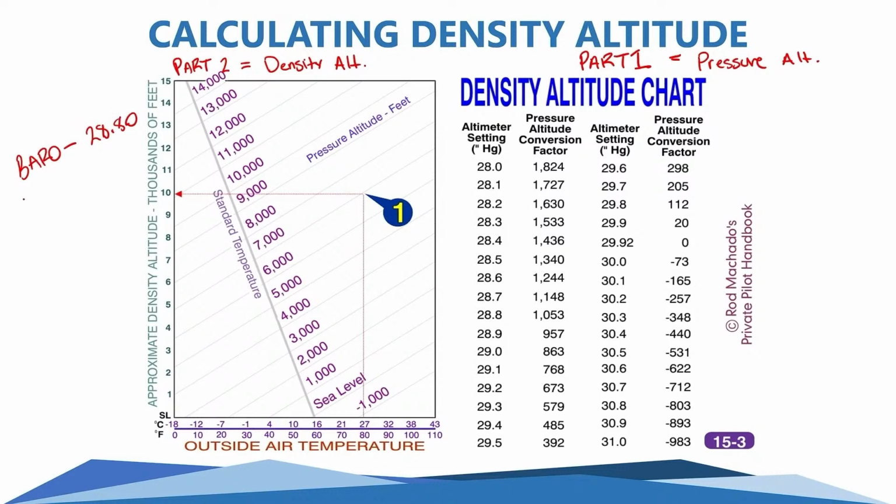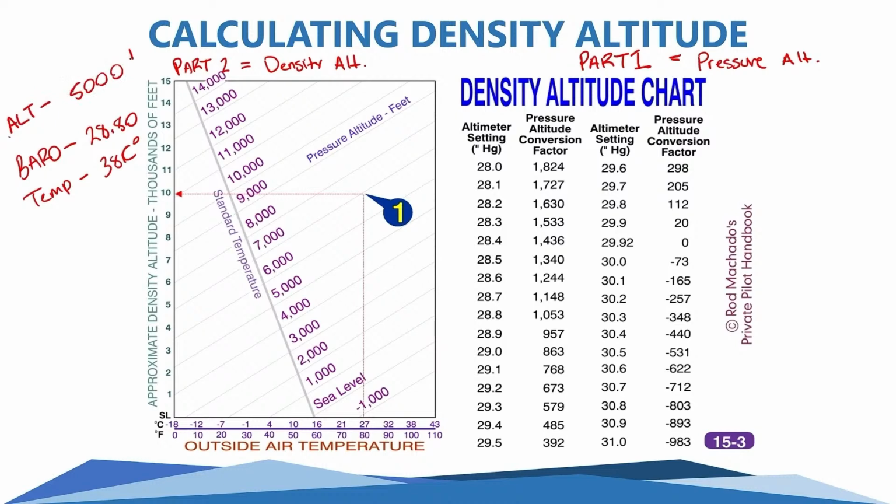And your temperature outside is going to be a nice 38 degrees, actually Celsius. We'll make it really hot. And then your altitude in this case, which is your field elevation, is going to be 5,000 feet.